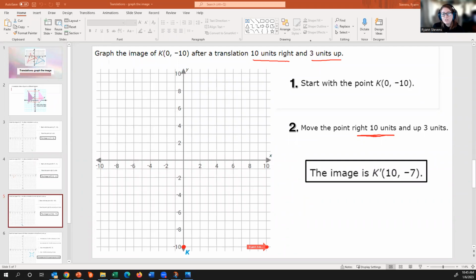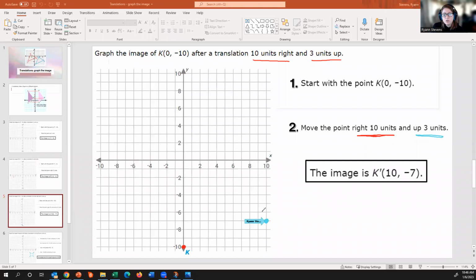But then we also need to continue and follow the directions and move this point 3 units up. So from here, we're going to say 1, 2, 3. And that's where our point's going to go. Now this point that we have in red, we can erase, because this was not completing the question.